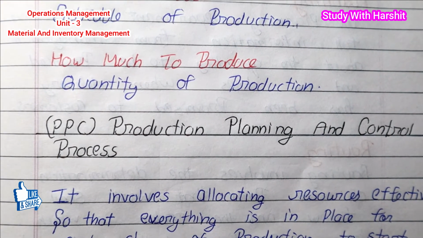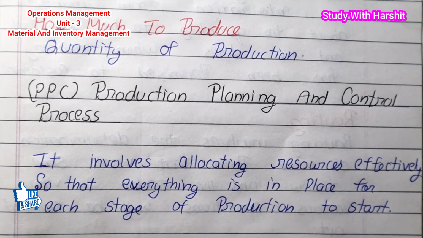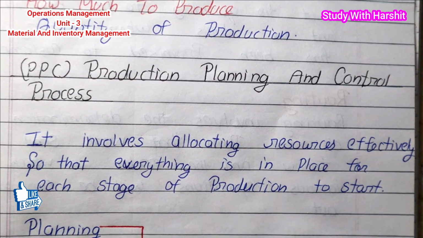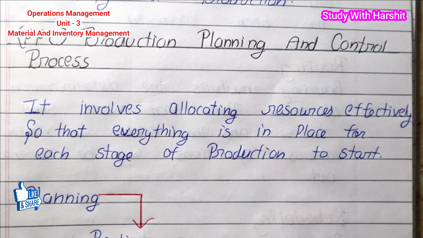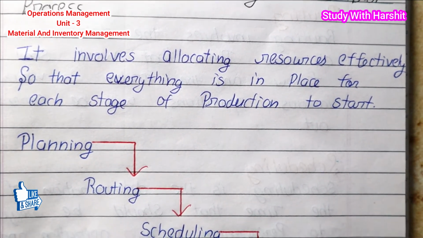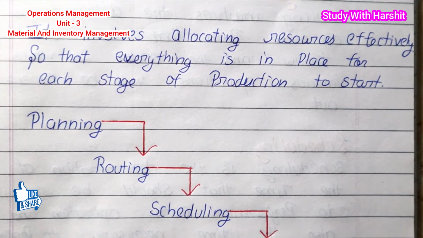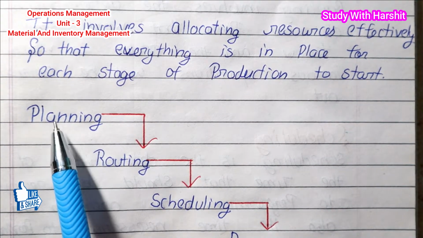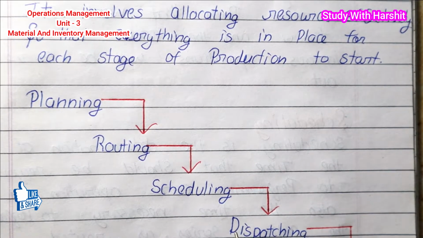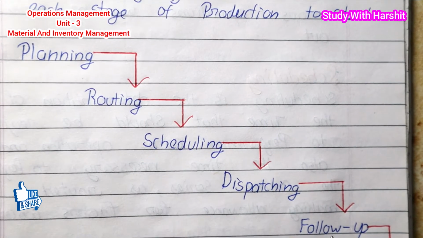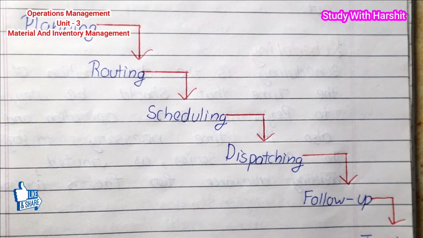It involves allocating resources effectively so that everything is in place for each stage of production to start. Here is the diagram: process, planning, routing, scheduling, dispatching, follow up, and inspection.